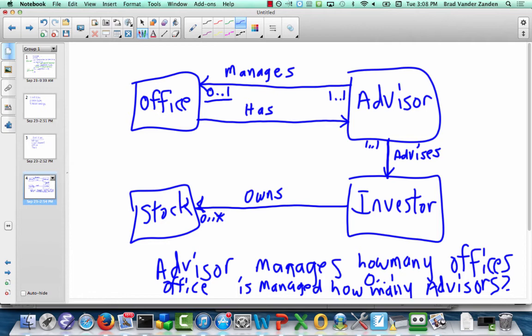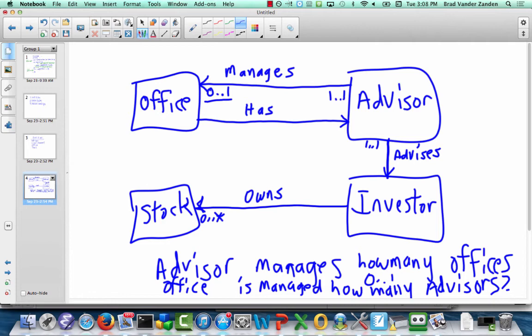Anytime something refers to another entity, we've got important information. An investment advisor has a name, that's an attribute. A unique advisor number, again that's an attribute, presumably a primary key. Unique should make your antenna go up that this is probably a primary key.